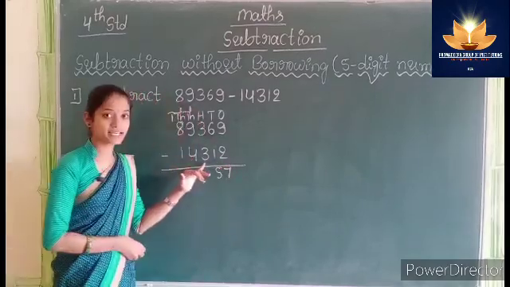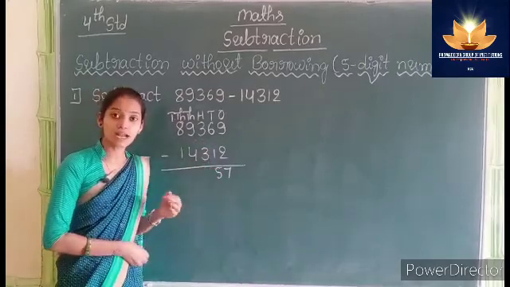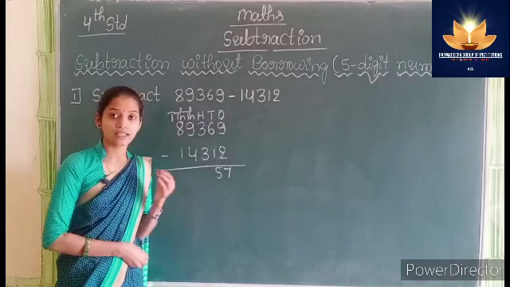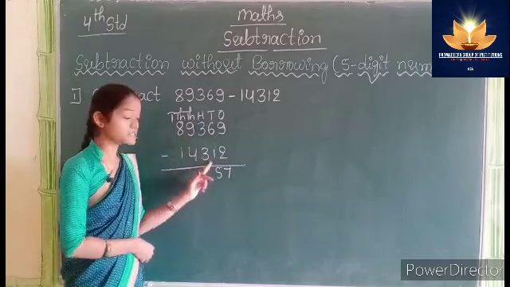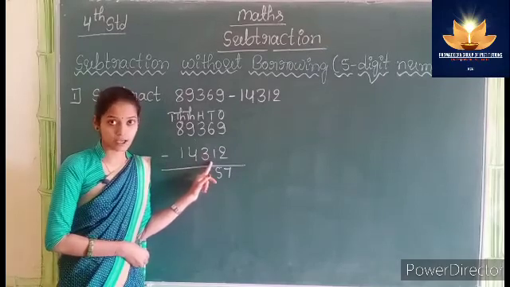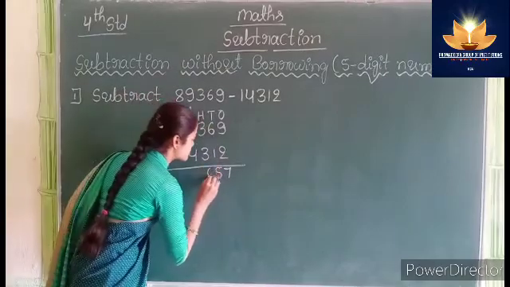Then hundreds place subtraction, 3 minus 3. When we subtract a number from itself, the difference is 0. Right? So 3 minus 3, that is 0, and that 0 should be written in this hundreds place.